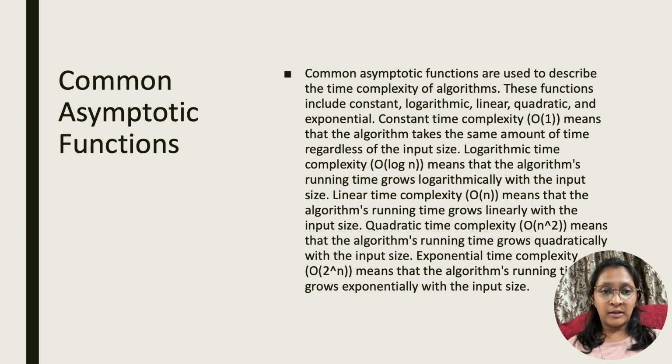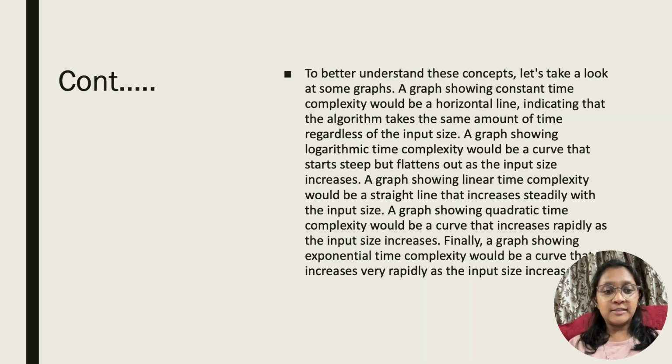Exponential time complexity O of 2 power n means that the algorithm's running time grows exponentially with the input size. To better understand these concepts, let's take a look at some graphs. A graph showing constant time complexity would be a horizontal line, indicating that the algorithm takes the same amount of time regardless of the input size.